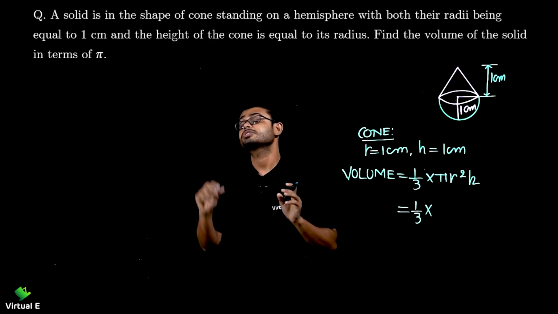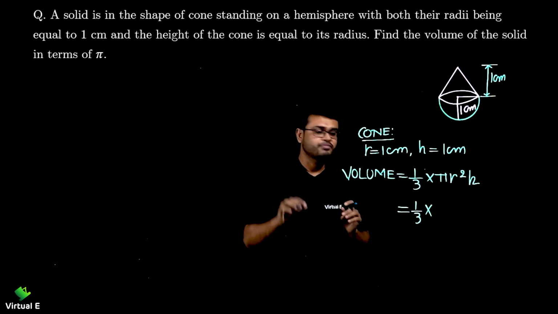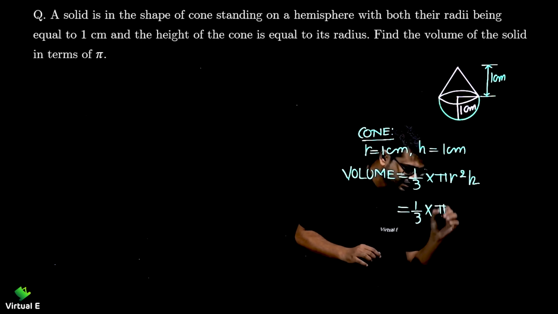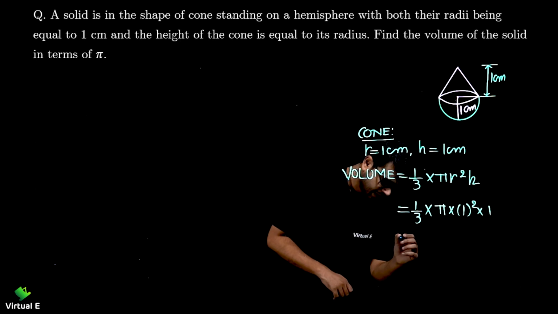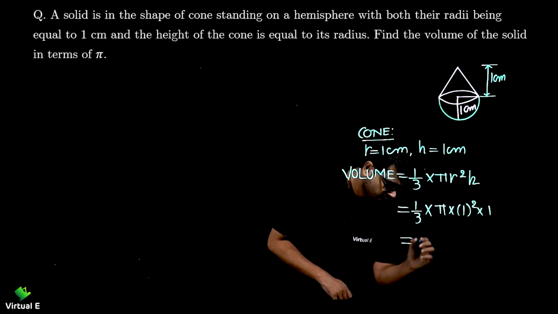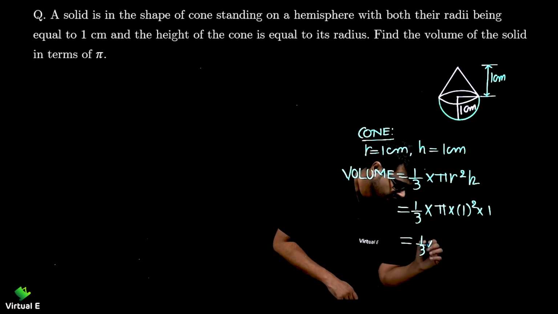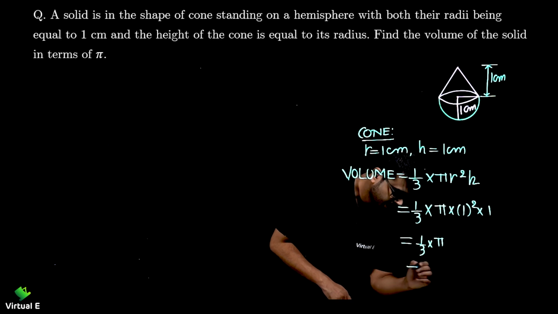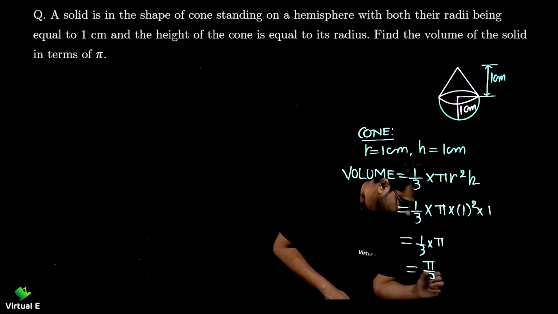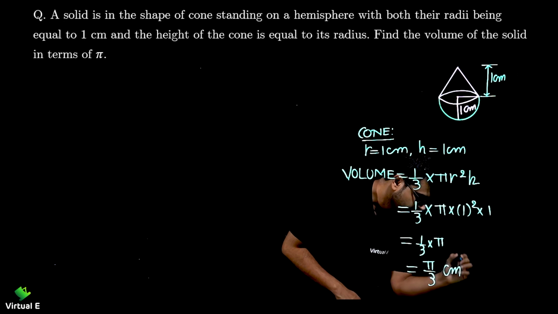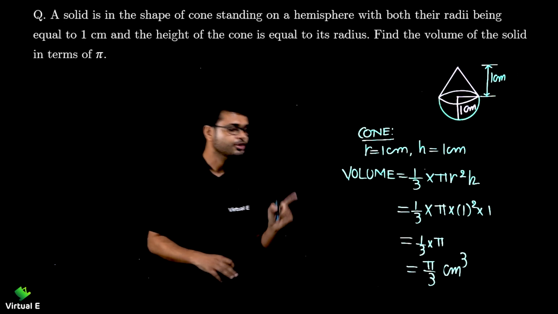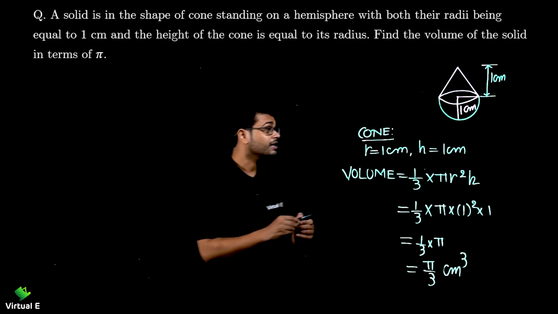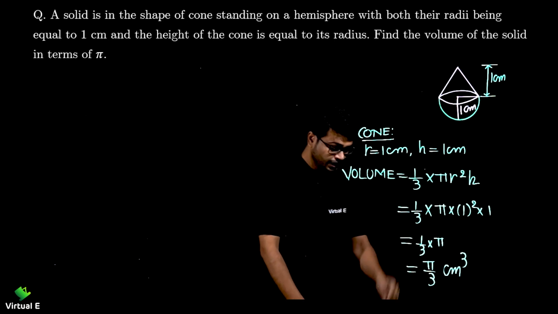No. See, in the question it is given find in terms of pi. So keep pi as it is, into 1 square into 1, and let's simplify. It's very simple, 1/3 and pi only. So I can write pi by 3 centimeter cube. Remember, this is volume, so it will be centimeter cube, not square. So we are done with the cone.